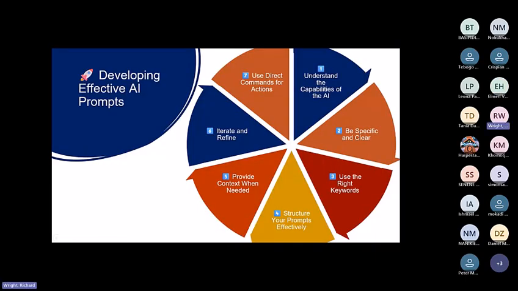So there are quite a few things to consider when you're prompting. Understand the capabilities of the AI. For instance, what was it actually trained on? What can it actually do? Was the model you're working with trained on educational material so it can give you a good response?